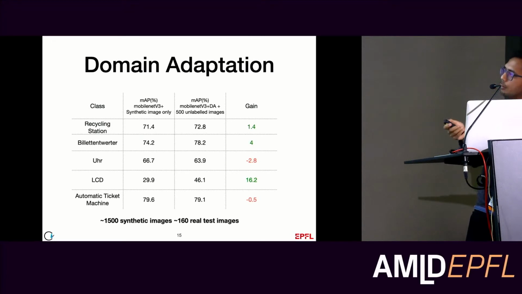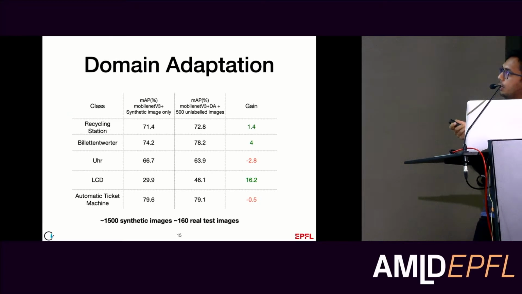Okay, so we tried training with just 1,500 synthetic images for 5 classes that we had, which are different available objects in the train station. And we tested on real images. Comparing synthetic-only training versus when we apply domain adaptation involving unlabeled images, we have improvement in different categories.